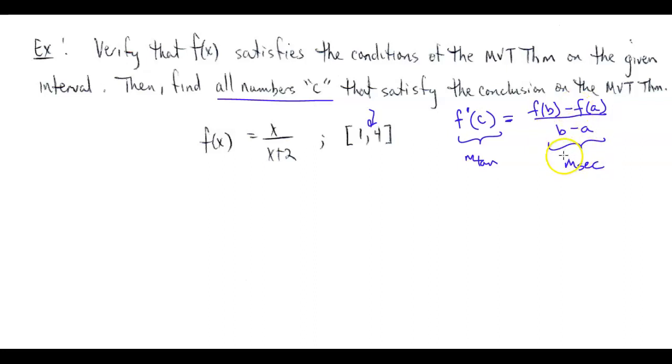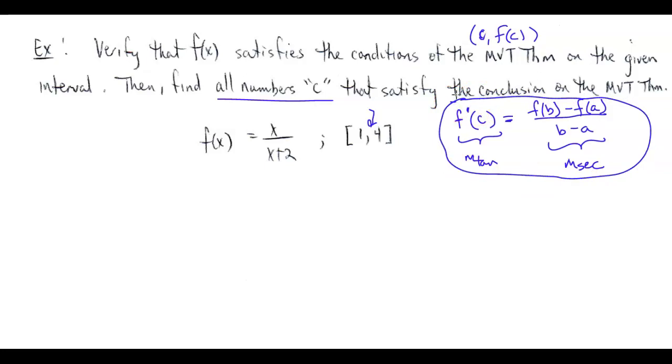So the slope of the secant line from x equals a to x equals b will be equal to the slope of the tangent line of our same function, but this tangent line is going through a particular point, the point C, f of C, okay? And that value C is going to be strictly in between 1 and 4 in this case. So this is our conclusion, okay?